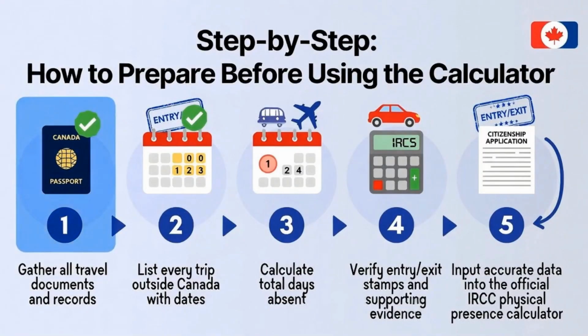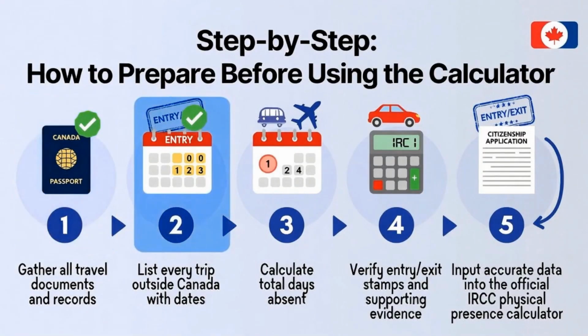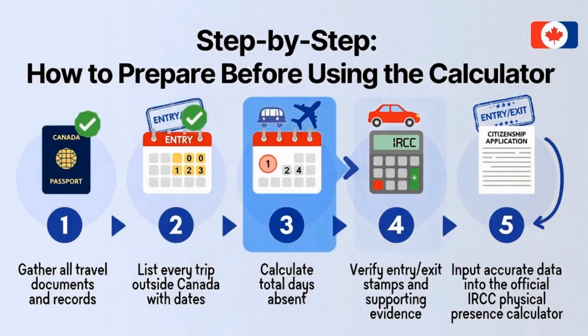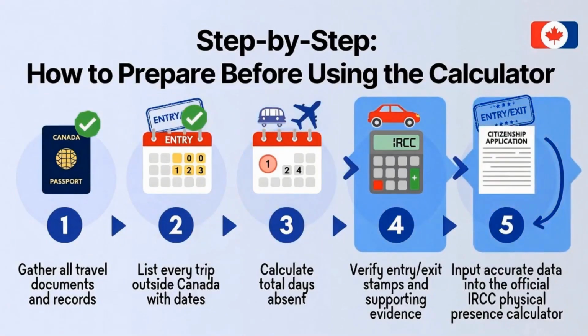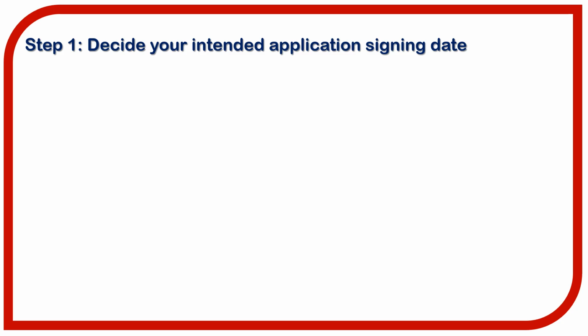Before you open the calculator, I recommend doing some preparation first. Here is a simple step by step method. Step 1. Decide your intended application signing date. Because the 5-year eligibility period is counted backward from the date you sign the application, first decide approximately when you want to apply.